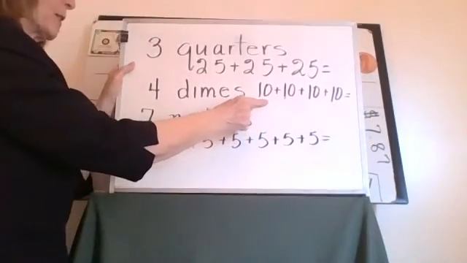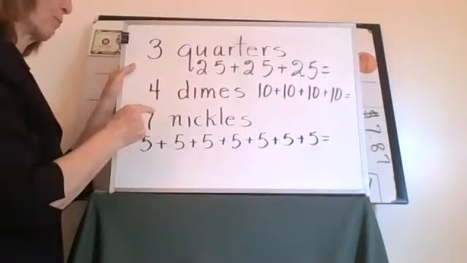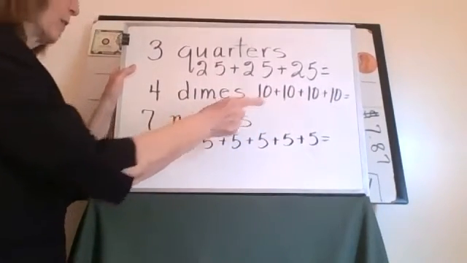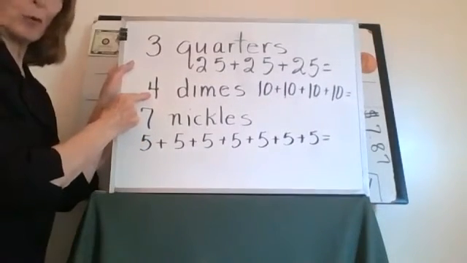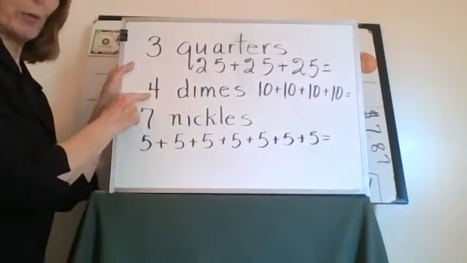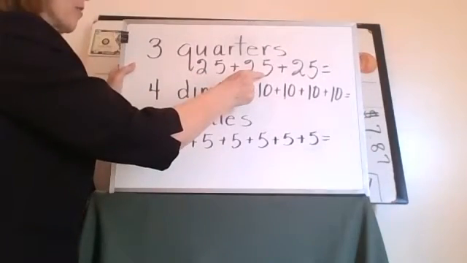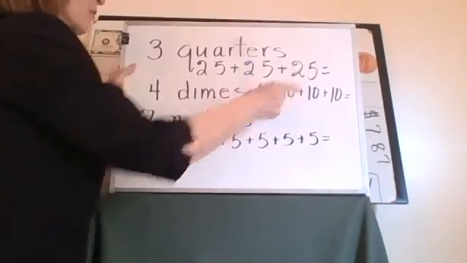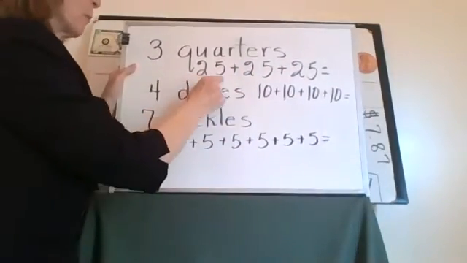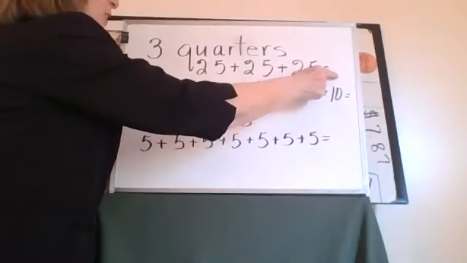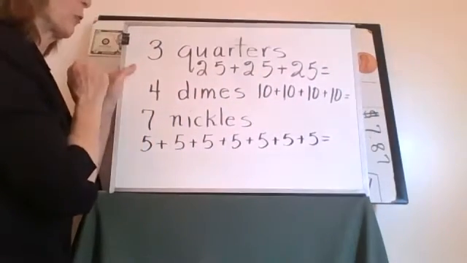How many pennies in a dime? 10. So how many pennies in 4 dimes? 40 pennies. 25, 50, 75. How many pennies would I need to equal 3 quarters?